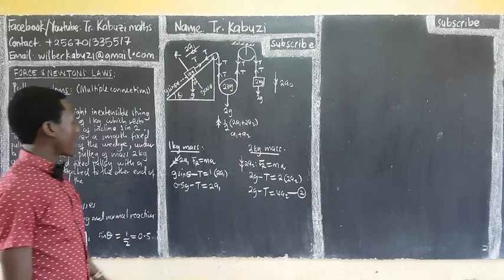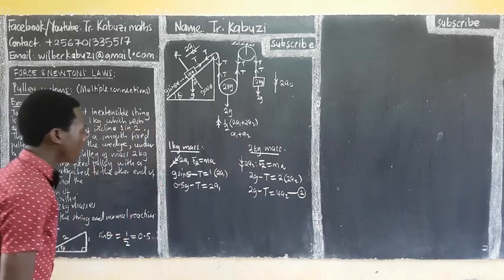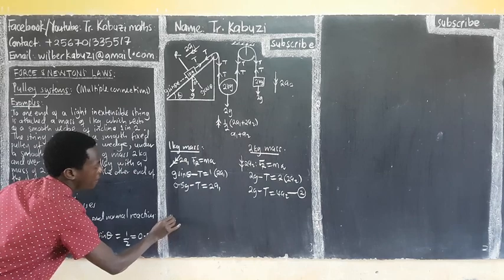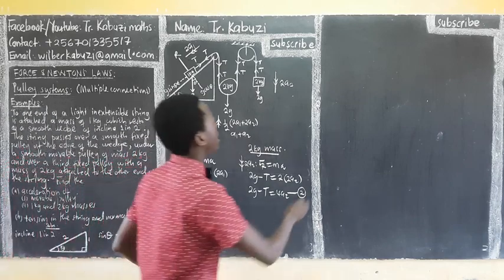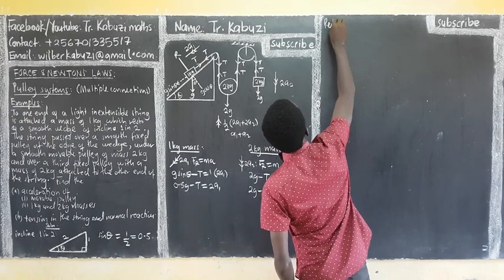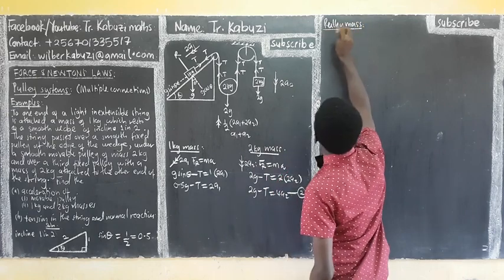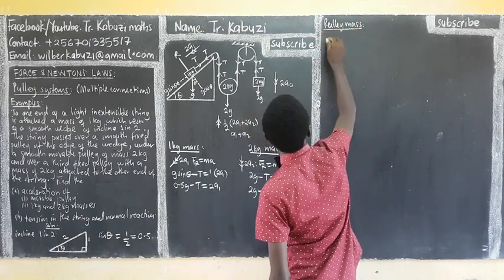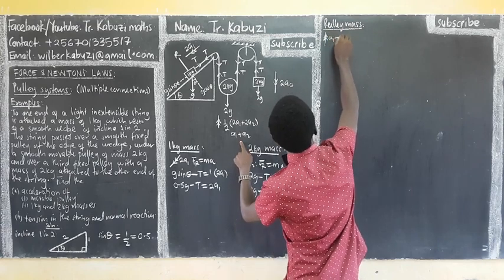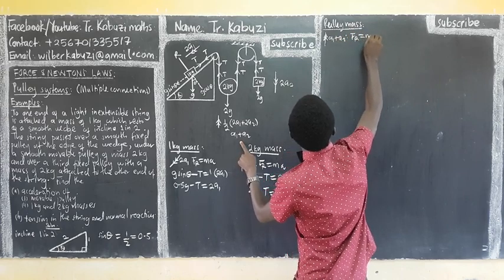Now from there, we can consider our pulley. The pulley mass. You know that the pulley is going upwards like this, and the acceleration there is A1 plus A2, using resultant force equal to MA.